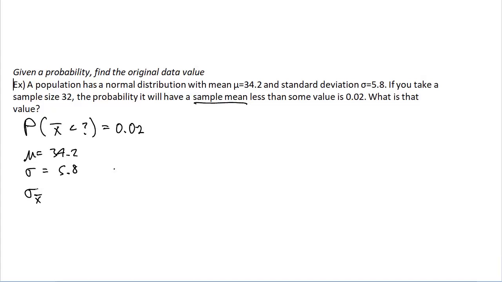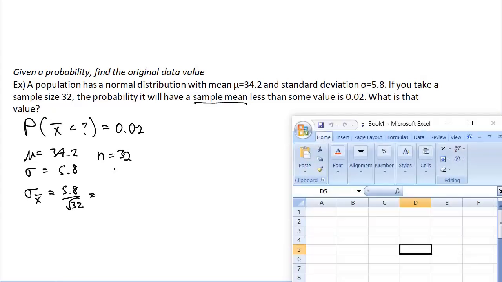sigma x bar. That's the standard deviation for the distribution of x bar, the distribution of the sample mean. And of course, this is sigma divided by the square root of n, and n is the sample size, which was given to be 32. So we know we're going to need this. I'll pull out a handy calculator.